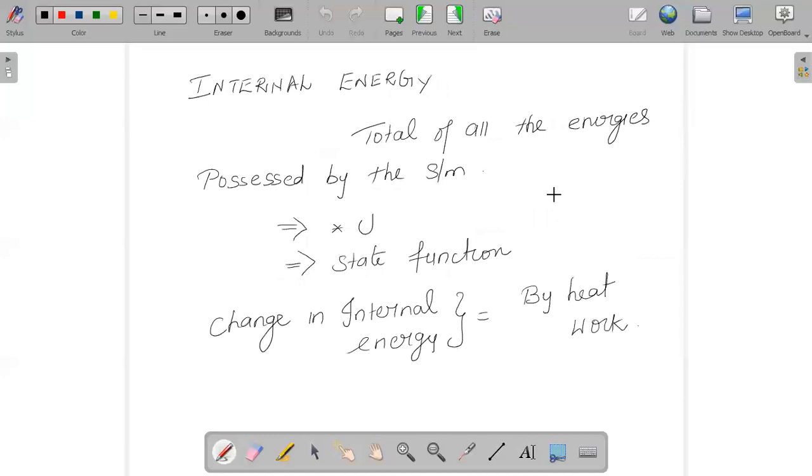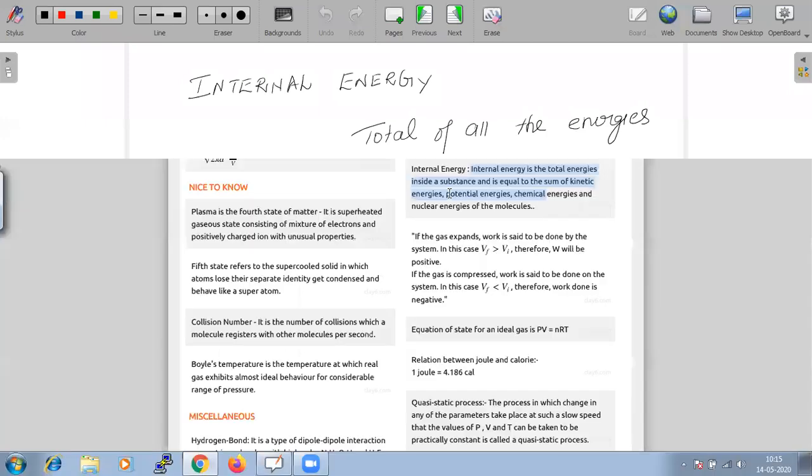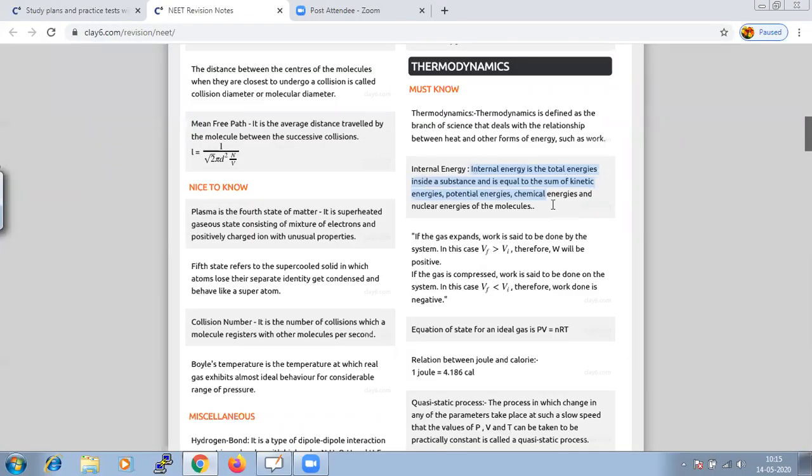And next, yes, we have to study internal energy in detail. As we discussed, internal energy is the total energy inside the substance, equal to the sum of all the energies existing inside. Every substance possesses some energy from its origin.